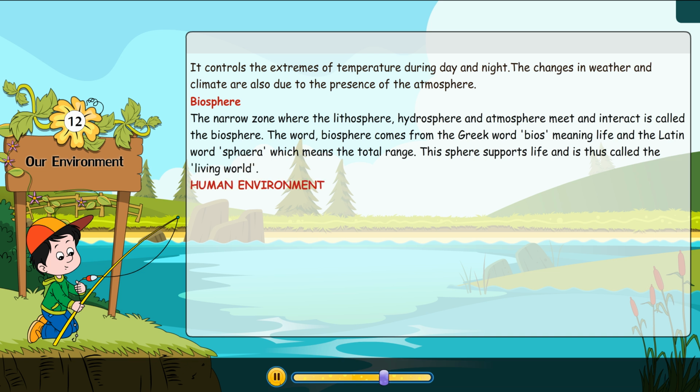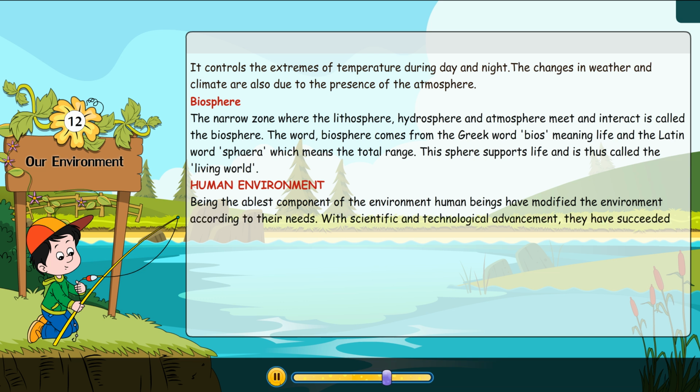Human environment. Being the ablest component of the environment, human beings have modified the environment according to their needs. With scientific and technological advancement, they have succeeded in controlling and dominating nature. Human-environment interaction.